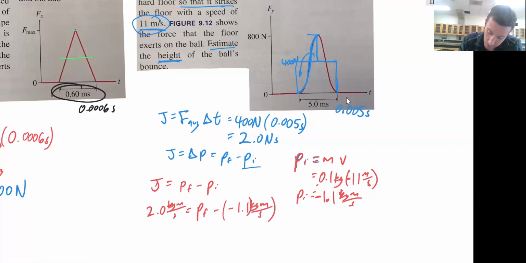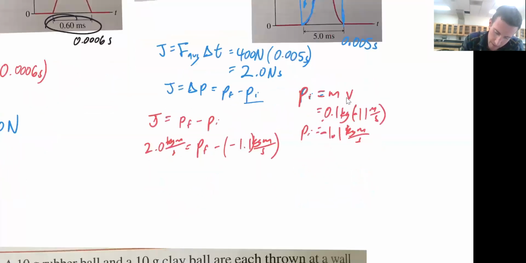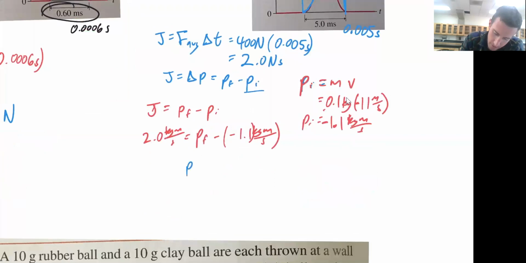So something plus 1.1, that gives me a final momentum of 0.9 kilogram meters per second. And I know that is equal to the mass of the ball times the final velocity.